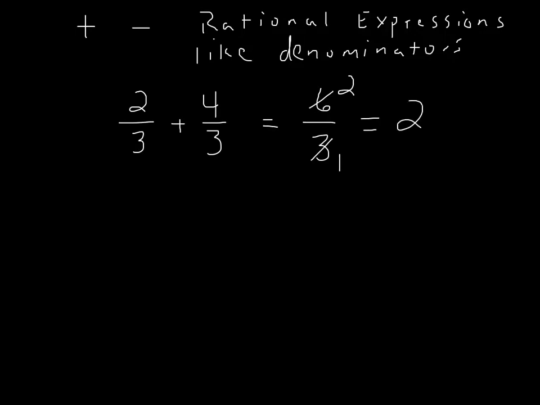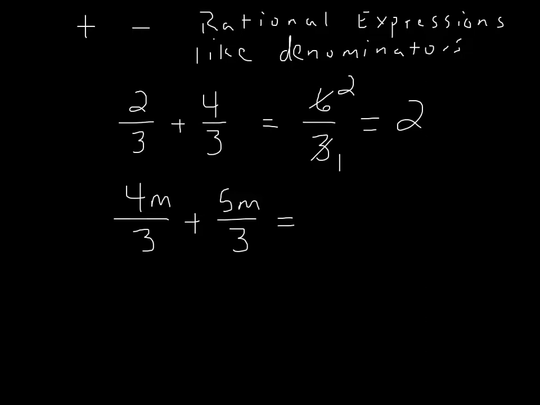Well, it's exactly the same thing when you are adding rational expressions. The only difference is now, instead of having simple numbers like that, you now have things that are a little more complicated. Not a lot more complicated, just a little. So like the example they have here, they have 4m over 3 plus 5m over 3.